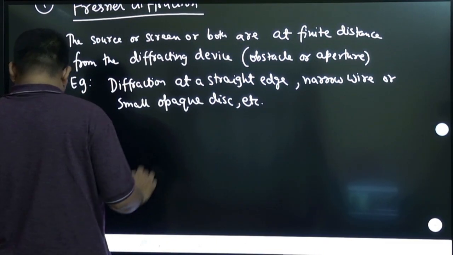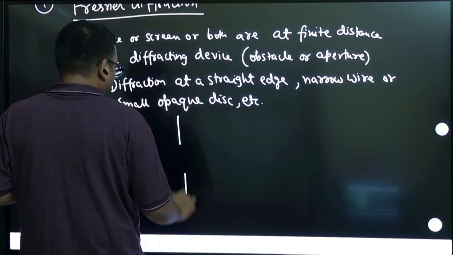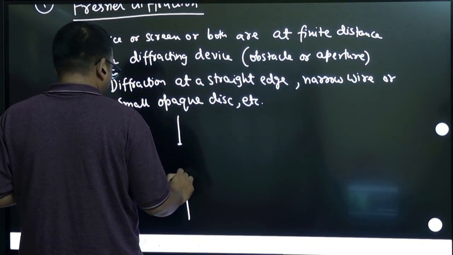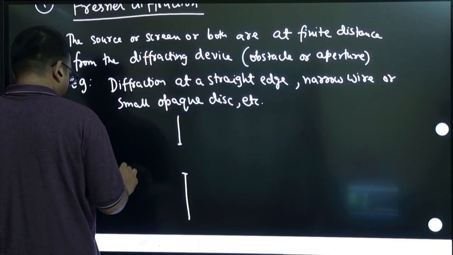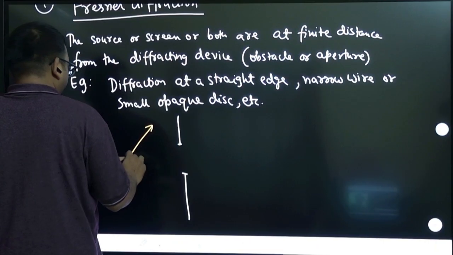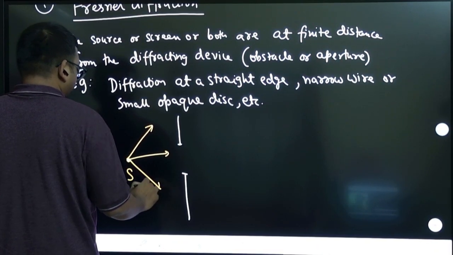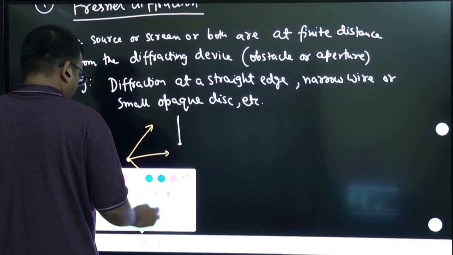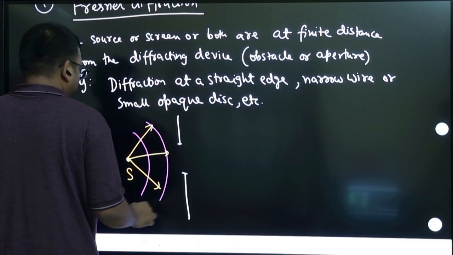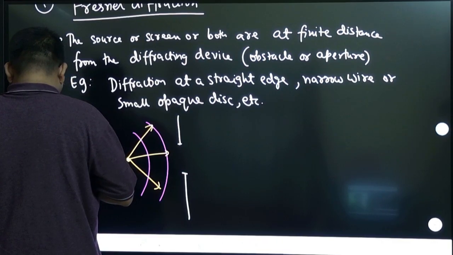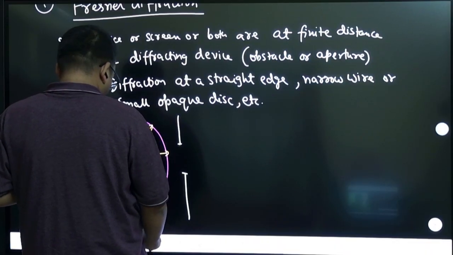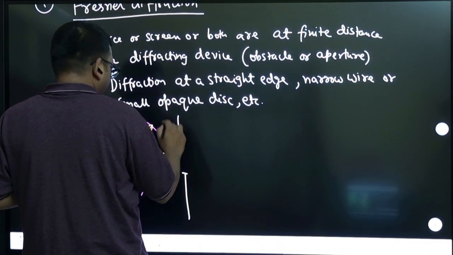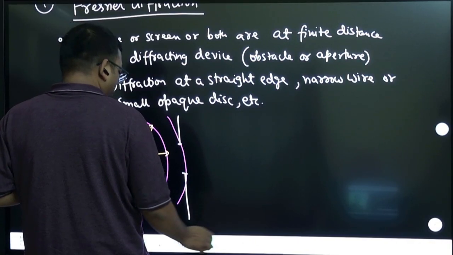Let's note the diagram of this. Suppose I draw an opening or slit like this and assume that there is a point source of light which is sending light in all possible directions. So the wavefront will be coming like this, and some portion will get trapped here.